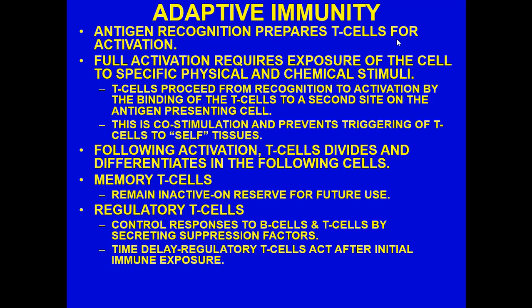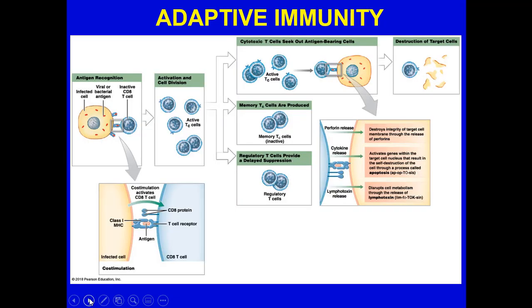That's where I said before the regulatory guys are sort of like, okay, no more antigens here. Time to disperse. Everybody calm down. Regulatory T cells are also involved with time delay. A regulatory T cell will act after initial immune exposure.